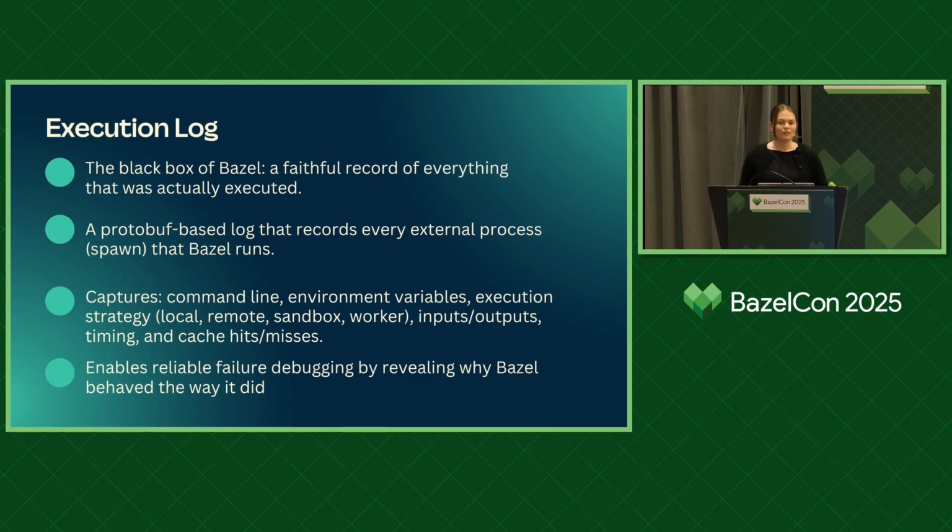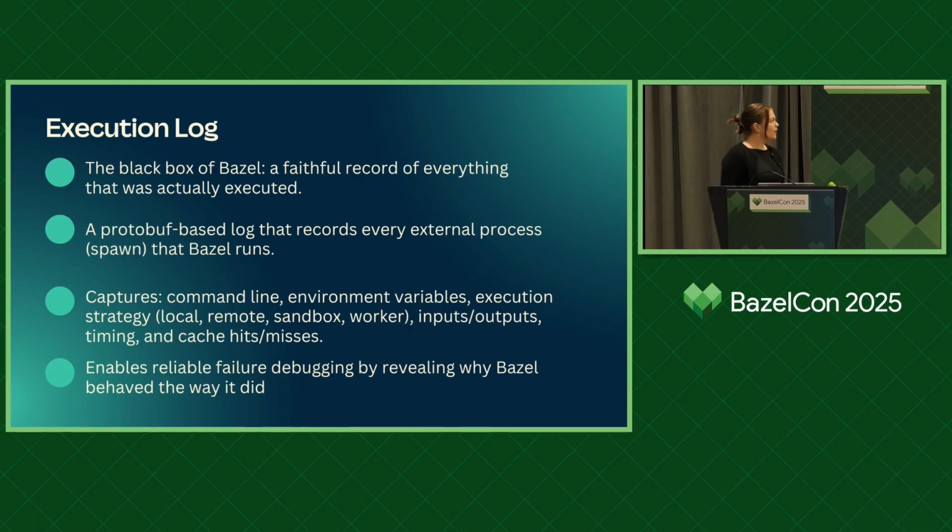Perfect. So the execution log. This is Bazel's black box. It's a protobuf-based log that provides a complete and faithful record of what was actually executed during a build. Unlike other data sources, like the BEP or Bazel profile, the execution log shows exactly what happened.